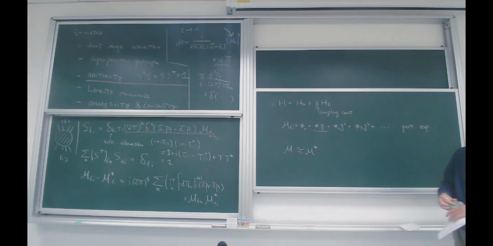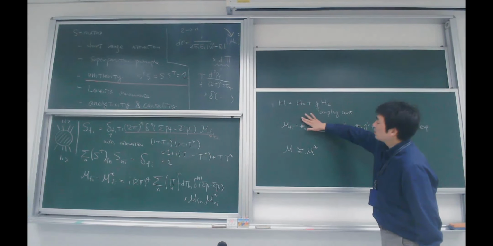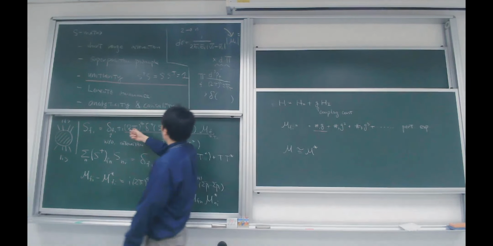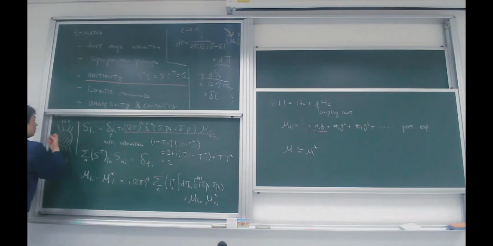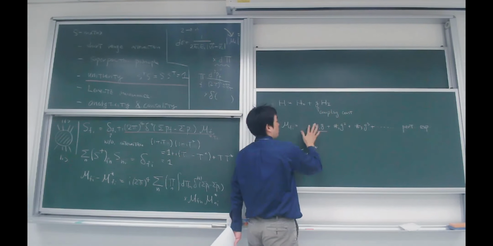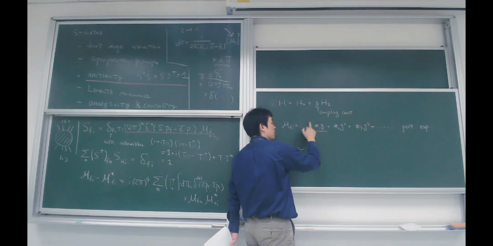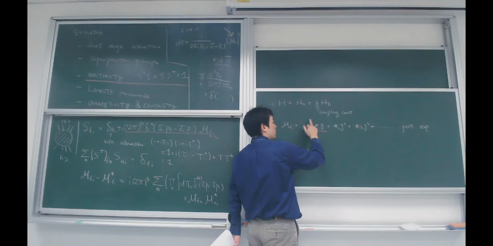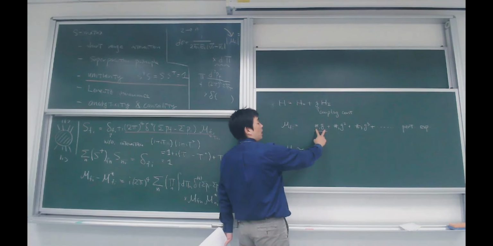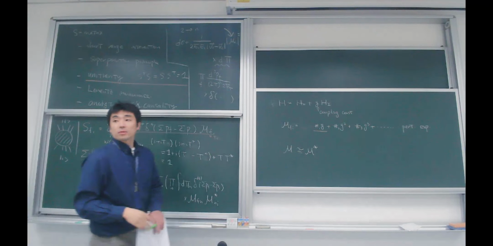Sorry, I think there is no leading order g to the 0, because since this is a nontrivial matrix element, it always has to include g. So it always starts from the leading order of g.